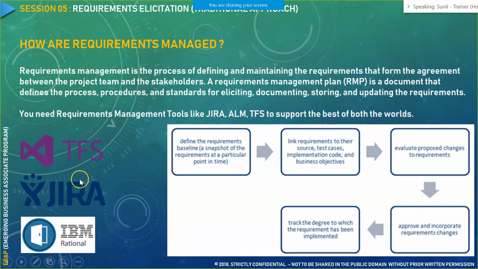So these things would help us in managing that particular requirement. Now there are different concepts around managing the requirement like baselining, versioning, then tracing the requirement, linking the requirement. That part I would cover when I cover the requirements lifecycle management session. So as of now, this is how we would be managing the requirement.